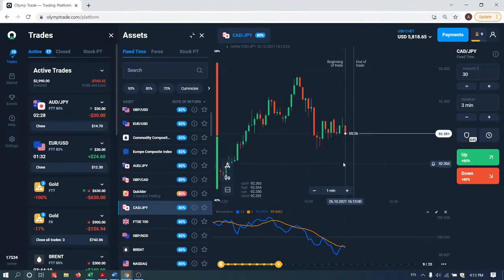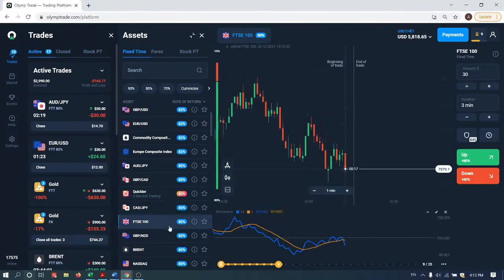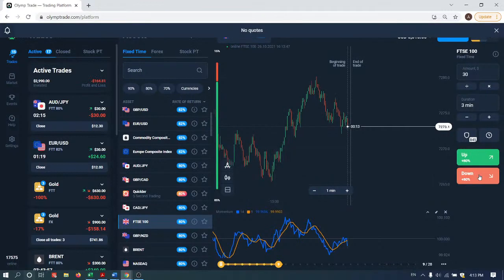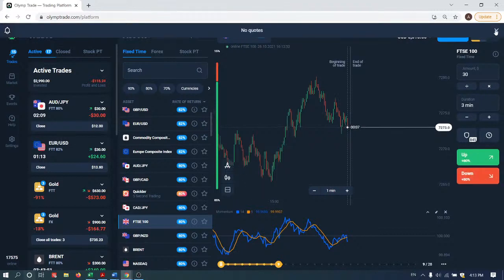So this is quite a contradictory situation. I don't know. Looks like we have too many signals at the same time, so let's skip it. But yeah, this one. Let's try again. Okay, no goals. Okay.